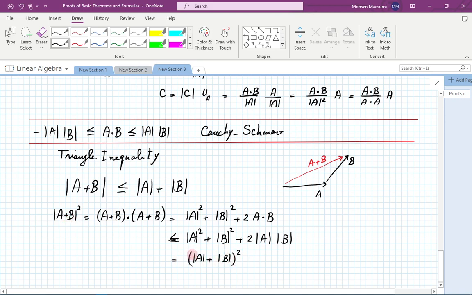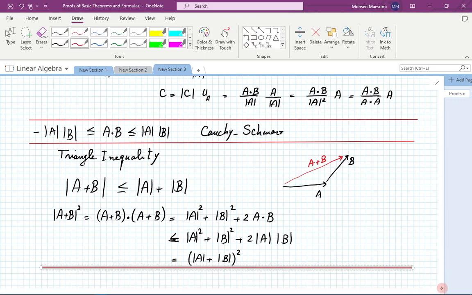Now if I take the square root of both sides of this inequality, I get the triangle inequality that I had up there. So that finalizes the case of the triangle inequality.